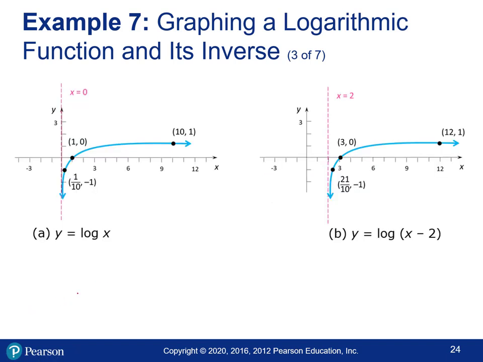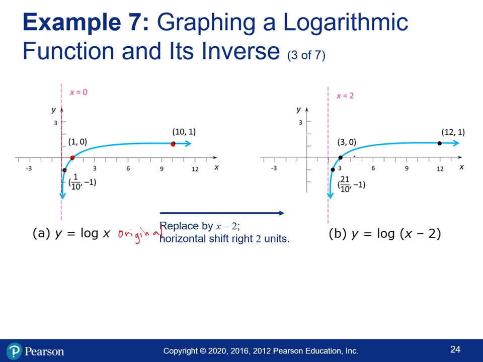Here is our original function, log of x, or log base 10 of x, and we just plot a few points on that one: (1, 0), (10, 1), and (1/10, -1). Then we will apply our first transformation. We will shift the graph 2 units right by replacing that argument of x with x minus 2.